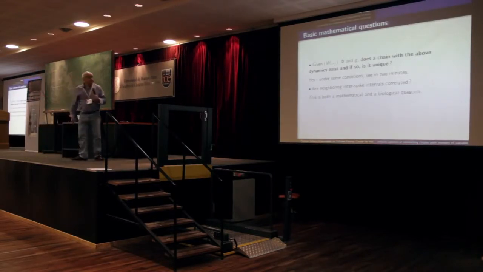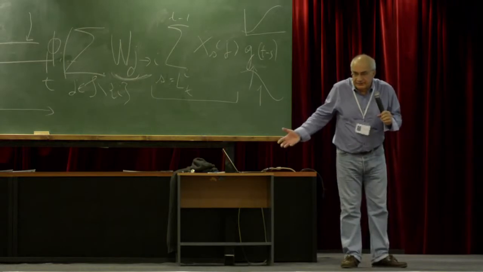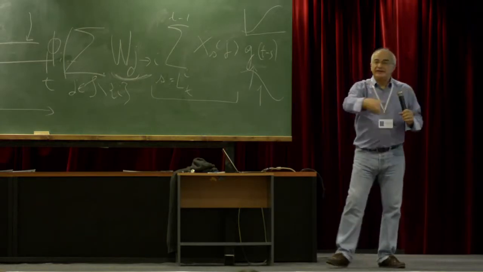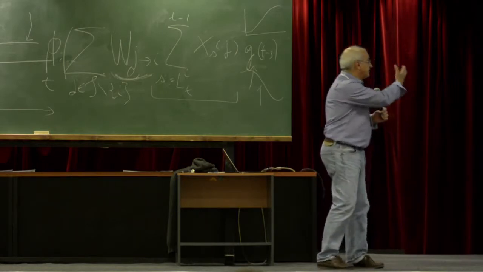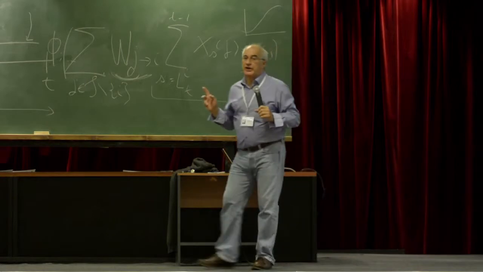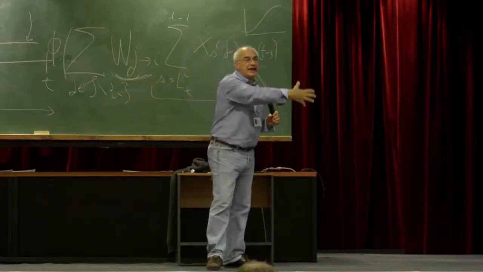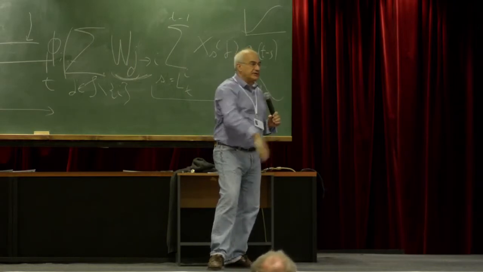The description has to do with the inter-spike intervals. Are they correlated? There is a very precise description of data with considerations about this. And this is both a mathematical and a biological question. At the end of the talk, I will show you what we can do about this question.